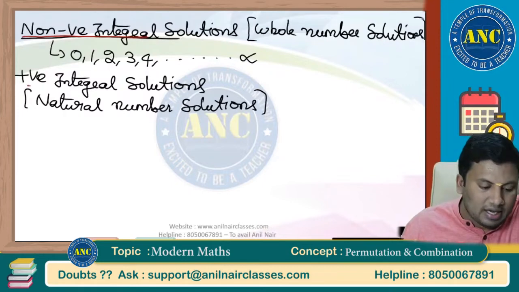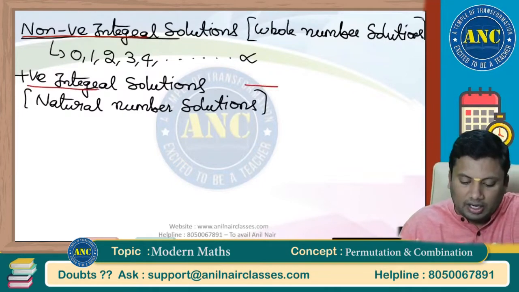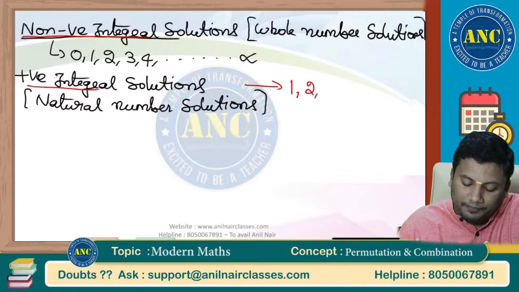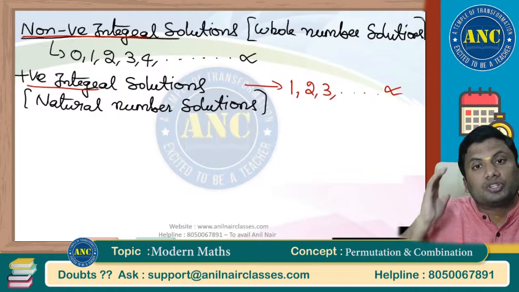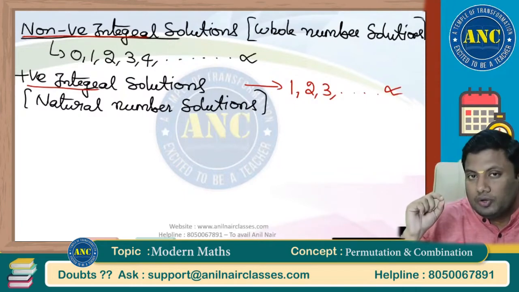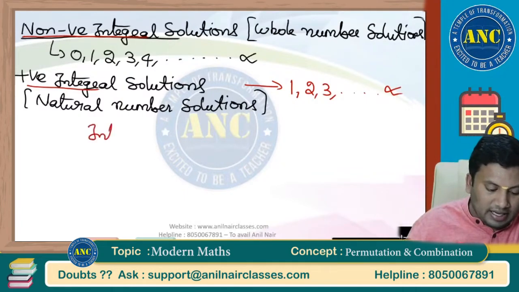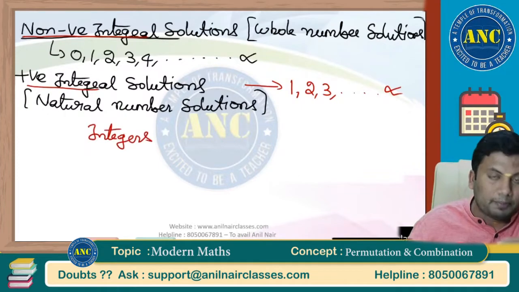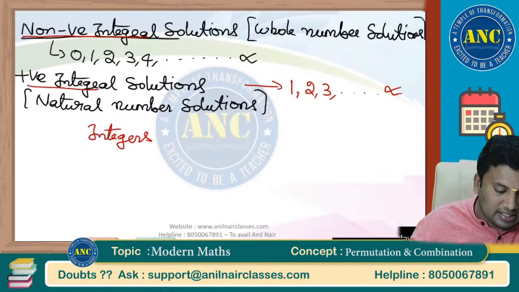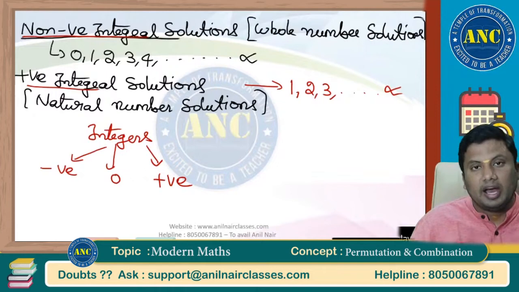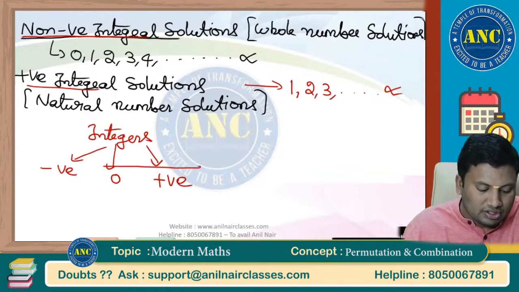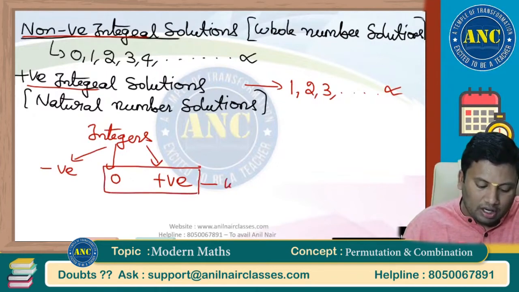If he is asking positive integral or natural number solutions, both start from 1. Natural number solutions start from 1. Whole number solutions start from 0. Please, again, this is an extremely important point. While counting, you might miss a case. There are negative integers, and there is 0, and there are positive integers. 0 and positive are called the whole number solutions.